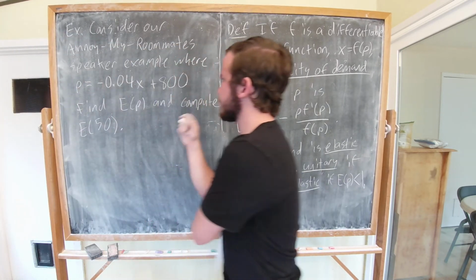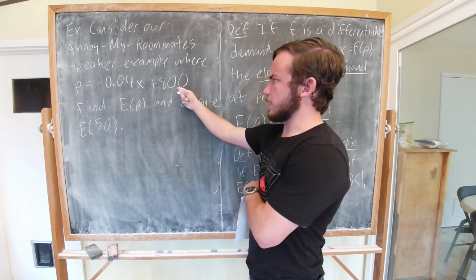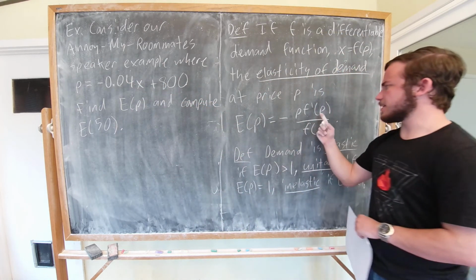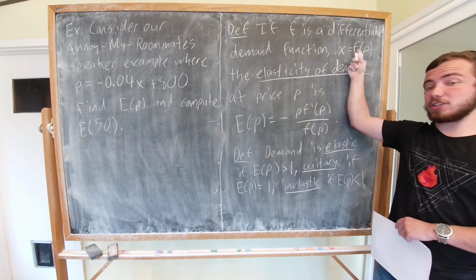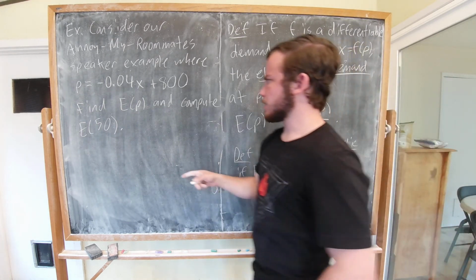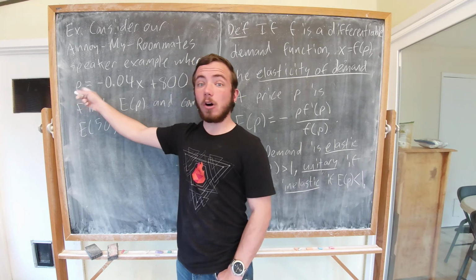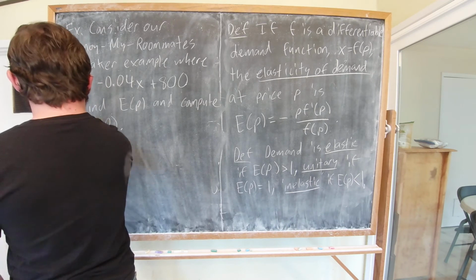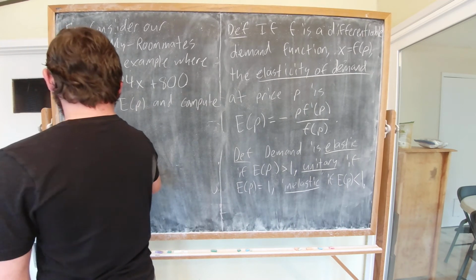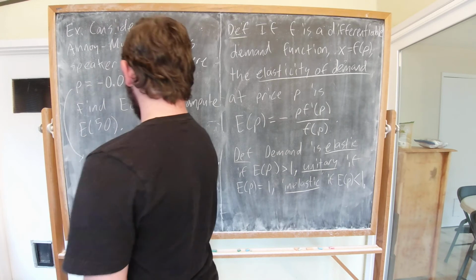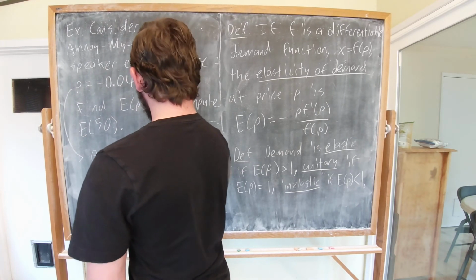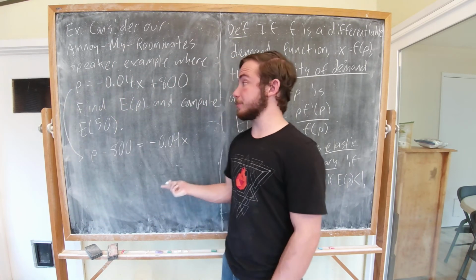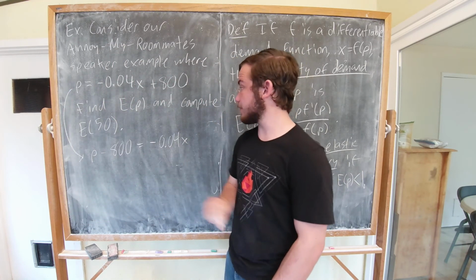All right, so here's a function giving price in terms of demand, but to find E of p, I need demand in terms of price. So what we're going to do is solve for x in terms of p. So we have that going from here. P minus 800 is equal to negative 0.04x. Dividing both sides by 0.04 is the same as multiplying them by 25.